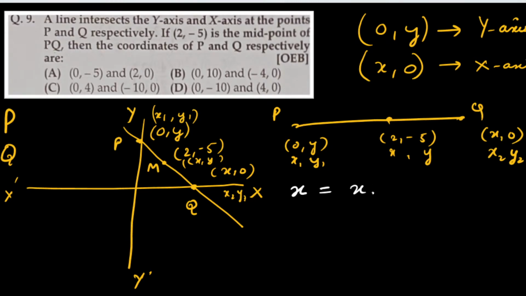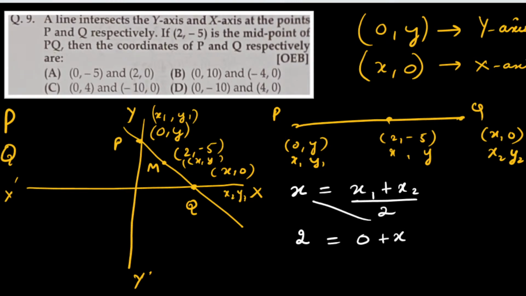So x is equal to x1 plus x2 by 2. Why are we writing it like this? So that when we substitute the values we don't make any mistake. So the x value is 2, x1's value is 0, and x2's value is x.